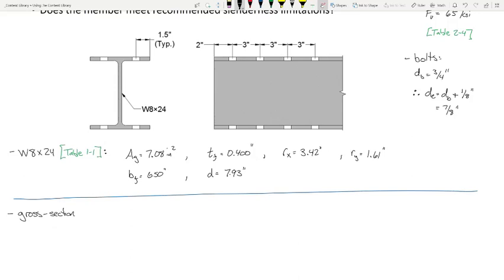What this is saying is how much usable capacity do we have in that gross section before the main body of the member starts to yield. And we compute that as phi Pn, so phi sub t for tension members, is 0.9 Fy Ag.